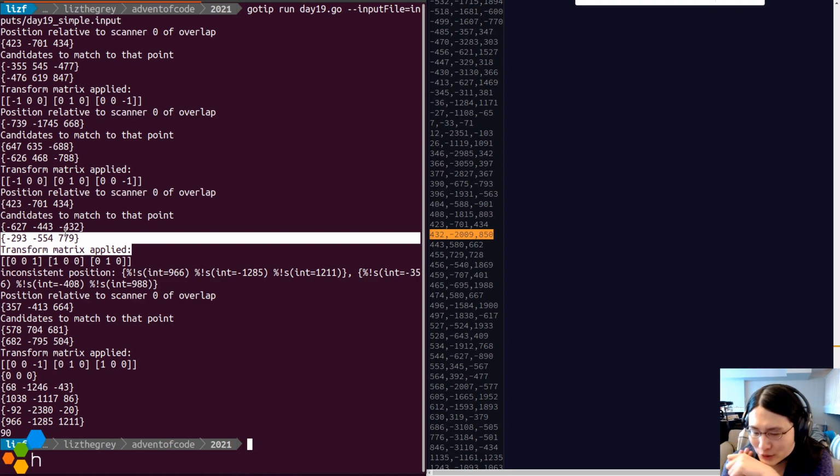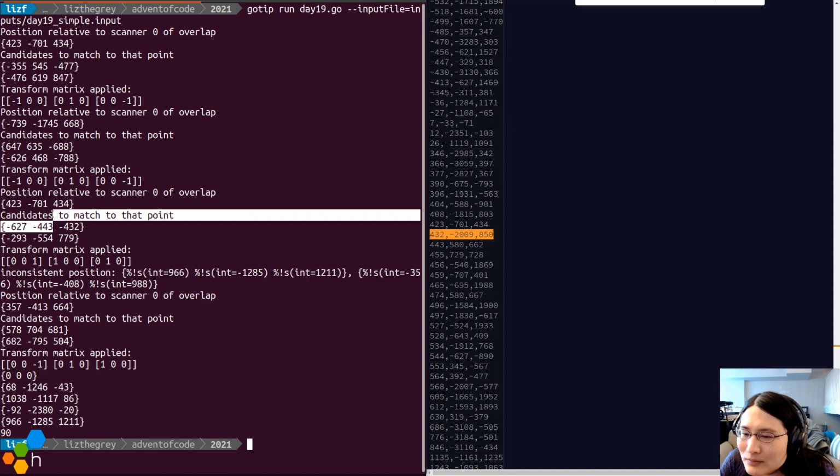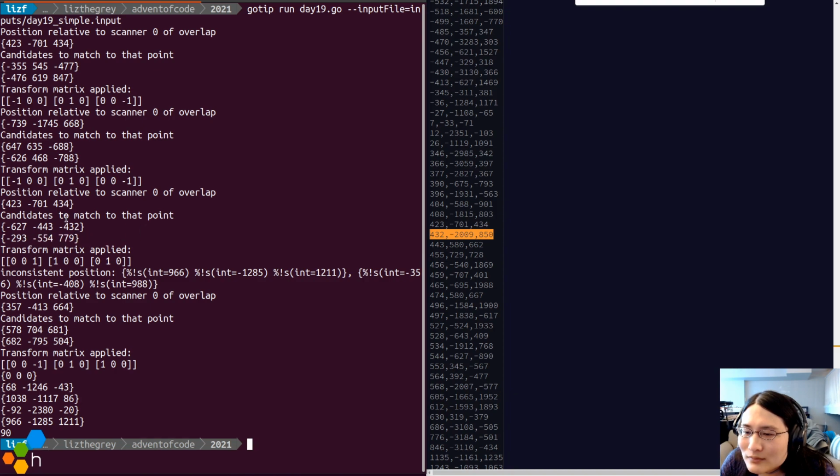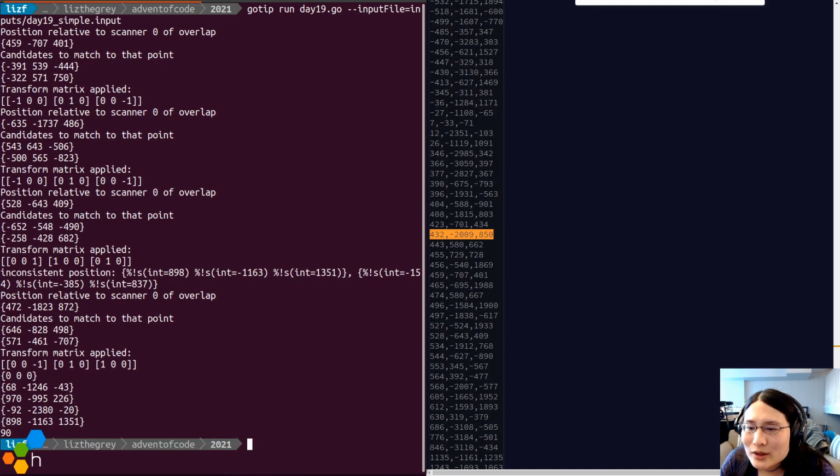I'm tempted to brute force it and just try every possible transform until I get a consistent result, but I know that that's not the way that this is supposed to work, and therefore I'm hesitant to do it. Let's keep trying until I get the example that I know that I'm looking for.